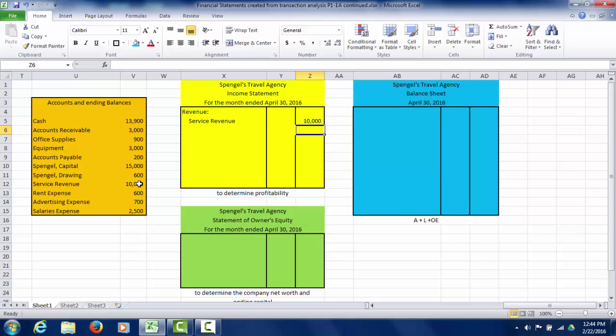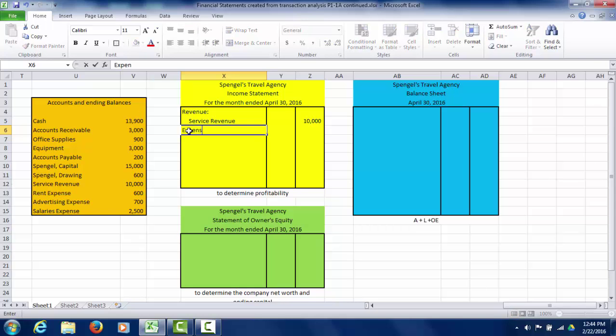So we would have service revenue and rent revenue. If that were the case, I would list the amounts in column 1. Service revenue, the amount $10,000 in column 1. Rent revenue, let's pretend that amount is $1,000. And then I would need a line that said total revenue, and that total revenue of $11,000 would appear in column 2. But because I only have one in this case, the way we did it is the proper way.